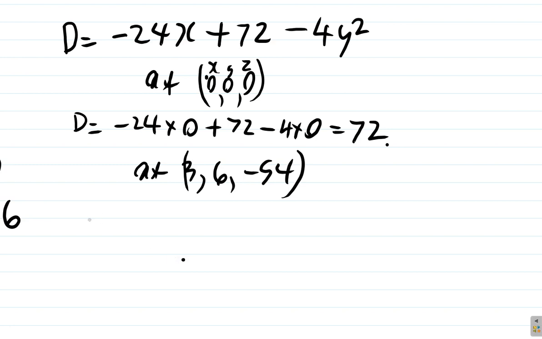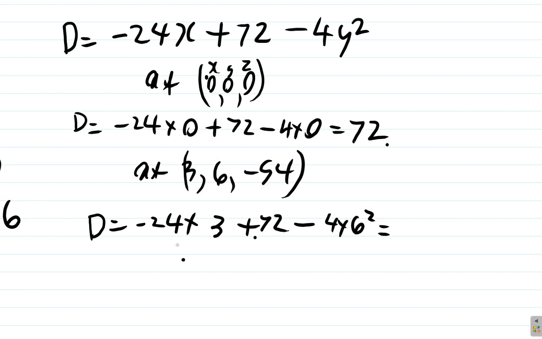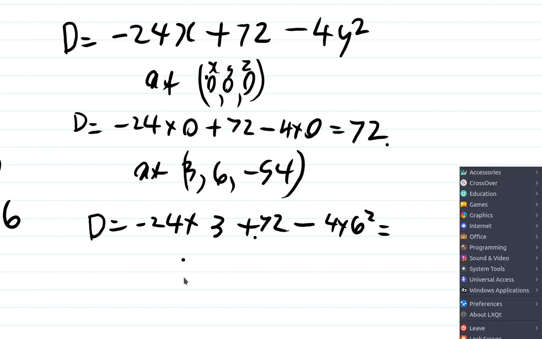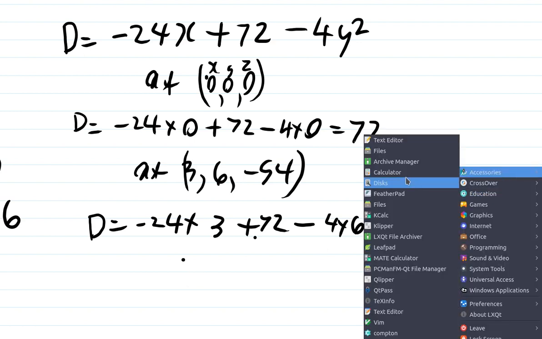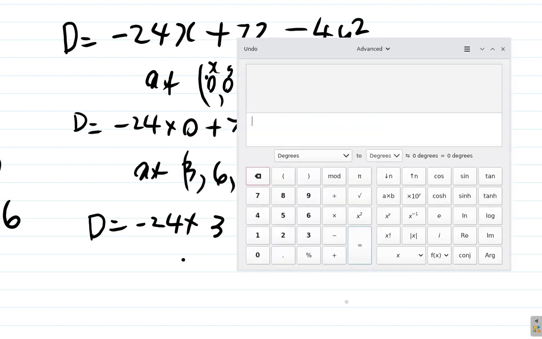Now at this point, D will be equal to negative 24 times x. And in this case, x is 3. Right? Plus 72 minus, and then 4 times y squared. Y is 6. So it's 4 times 6 squared. So let's just use our calculator and work it out.